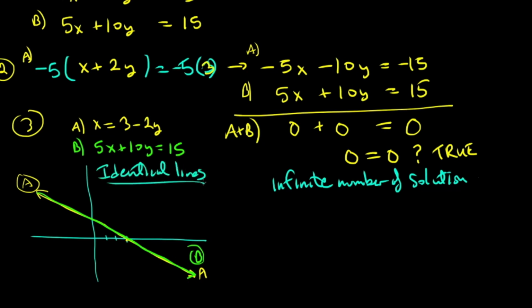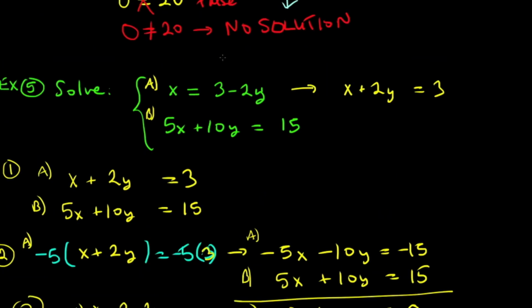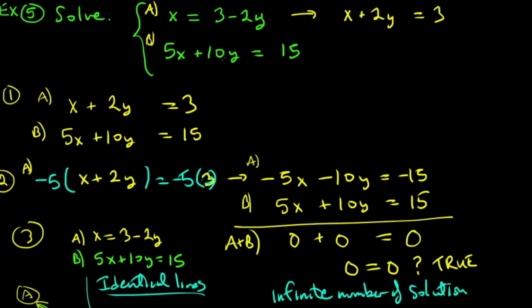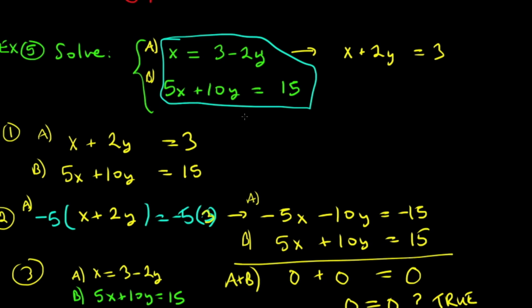Okay. Now, when you go back to the original system here, they don't look the same, right? They look different, right? So they're two different equations, but they represent the same line. So notice what happens.